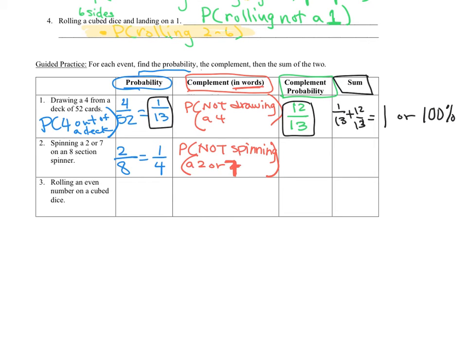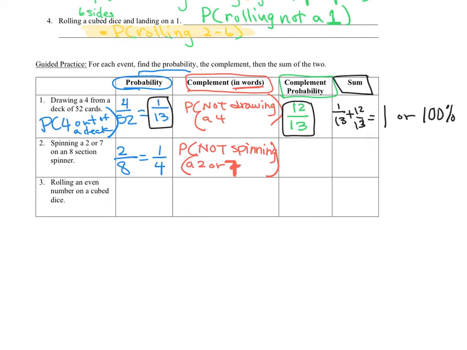Okay, and the complement probability for this is 3/4. And how do I get 3/4? So there's 1, 3, 4, 5, 6. Not getting a 2 or 7.